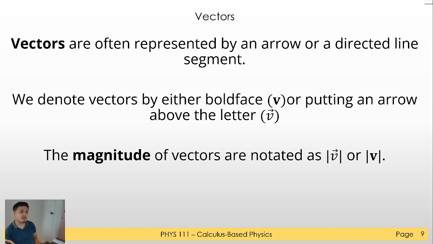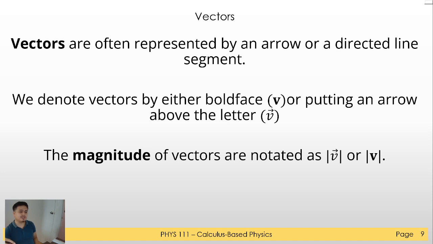Vectors are represented by an arrow or a directed line segment. We usually use a boldface font for vectors, or an arrowhead above. Vectors are a characterization of both direction and magnitude.